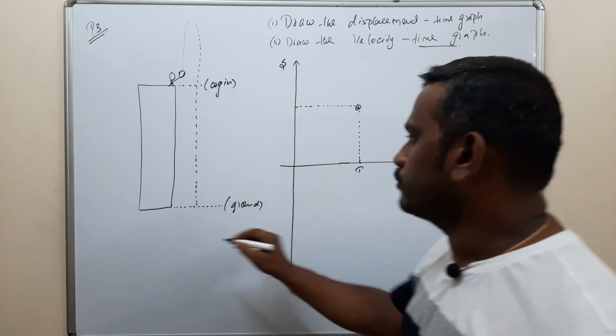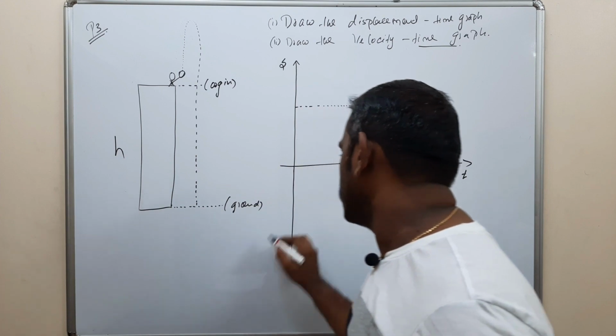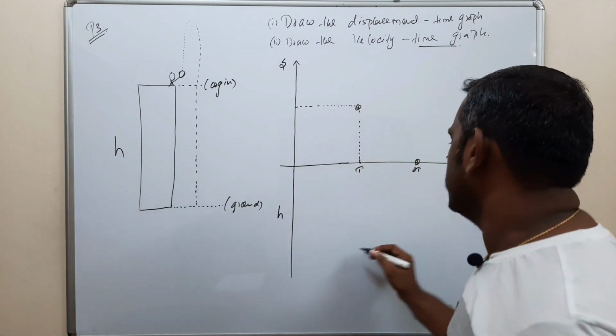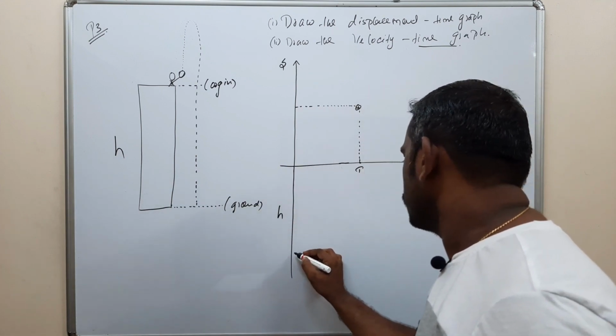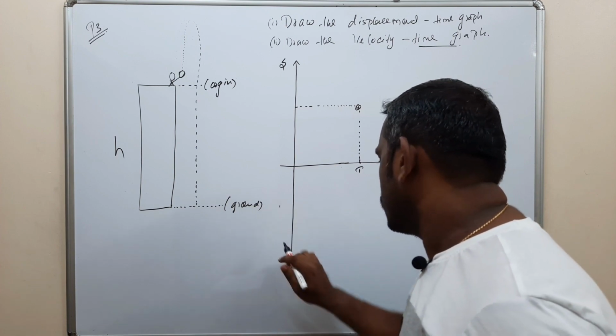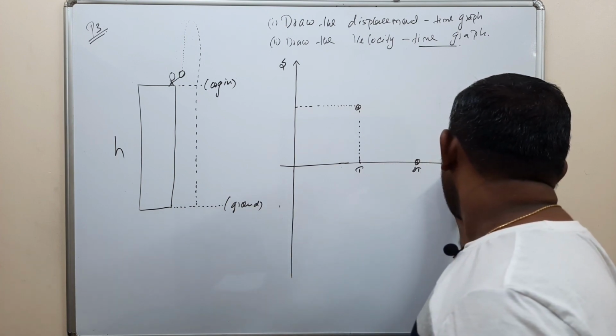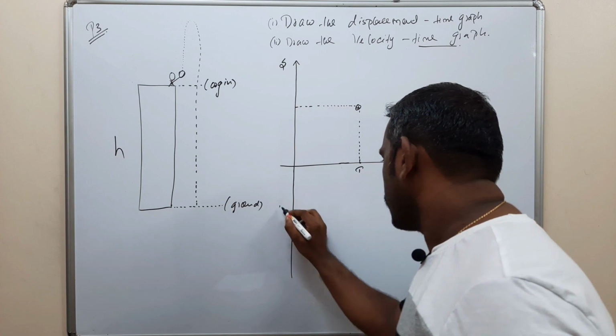Suppose this is the height of the tower, so the displacement is the height in the negative direction.